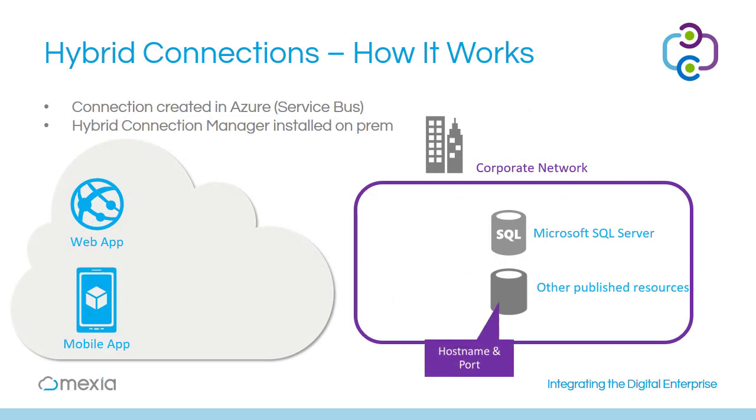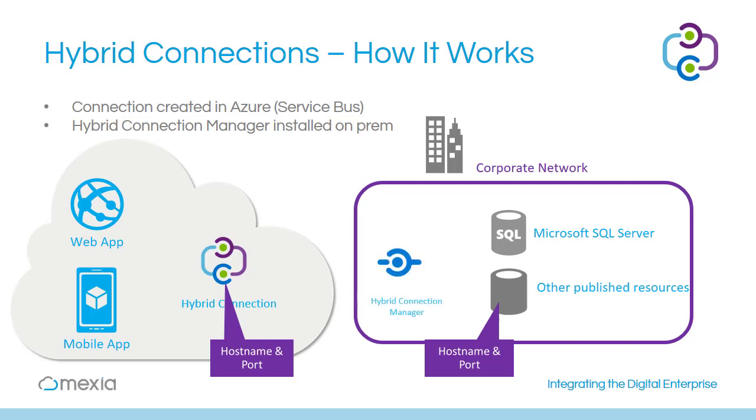The way it works is if you want to connect to a corporate resource, you identify that corporate resource by a host name and a port number, and then you create a hybrid connection in Azure based on that host name and port. Once you have the hybrid connection, you can then download a listener agent that you install on a server somewhere in your network. It doesn't have to be on the same server as the resource you're trying to connect to, as long as it has visibility of it over the network.